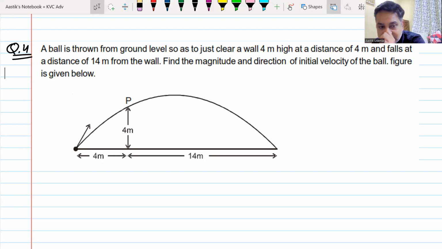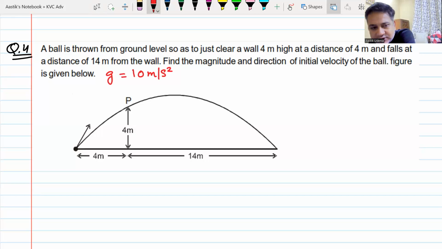The value of g is probably not given. You can take g as 10. Normally, when the value of g is not given, you will take it as 9.8, but here you can take it as 10, so that you don't get trapped in the calculation.